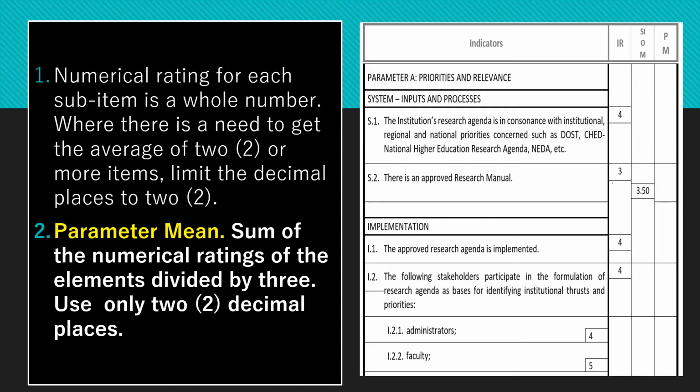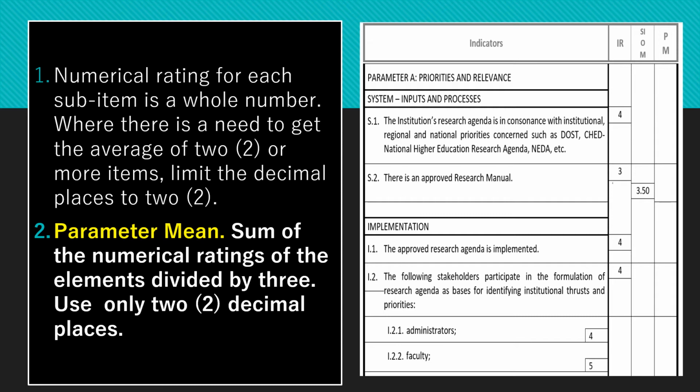So, andyan po yung sa system. Ito po ay area 5 or research. So, ang parameter A ng research ay priorities and relevance. And sa system inputs and processes, there are 4 benchmark statements or there are 4 subheadings.